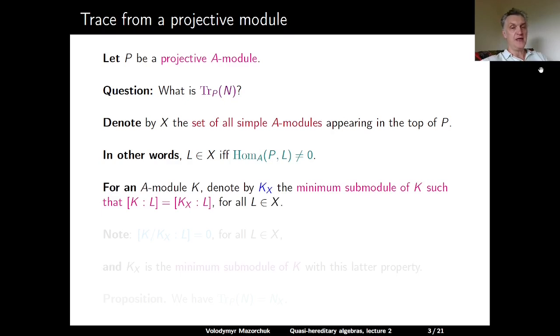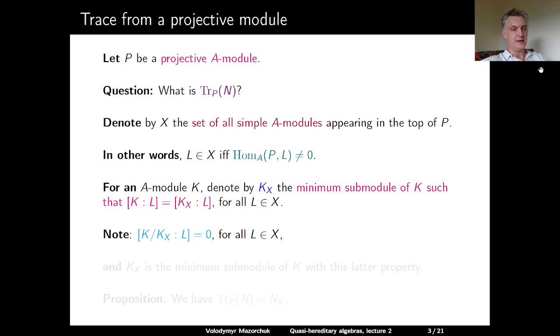For any A module K, let us denote by K sub X the minimum submodule of K which has the property that for any simple module L in X, the multiplicity of L in K equals the multiplicity of L in K sub X. So K sub X is generated by all simple subquotients of K which correspond to simple modules in X. Note that from this it follows that the quotient of K by K sub X doesn't have any simples from X as subquotients.